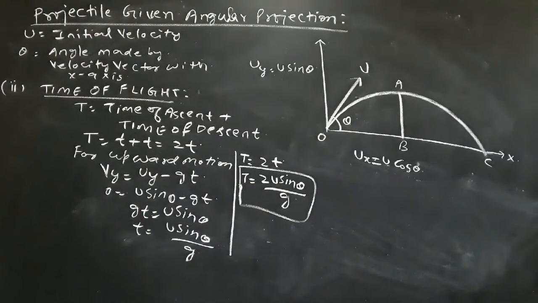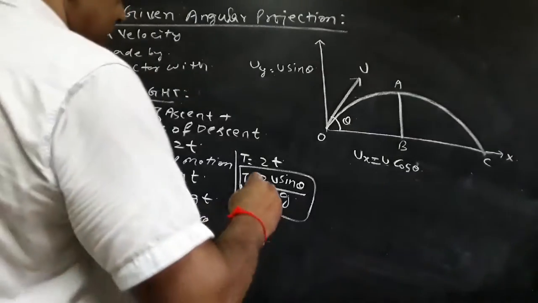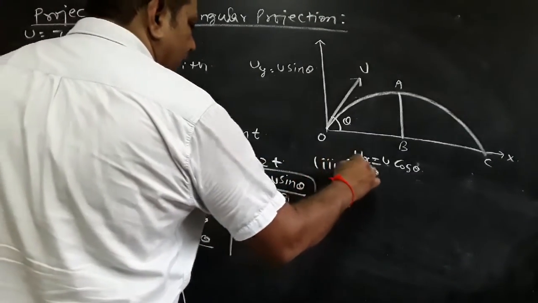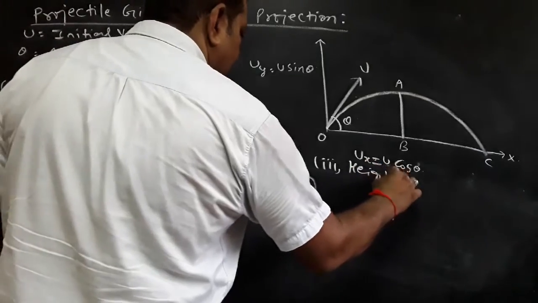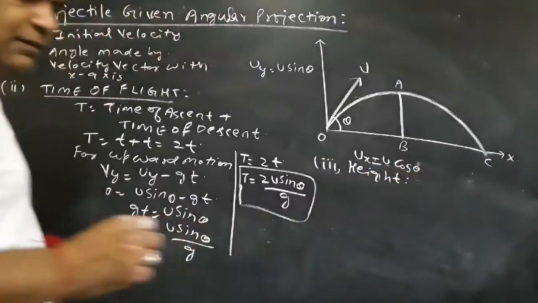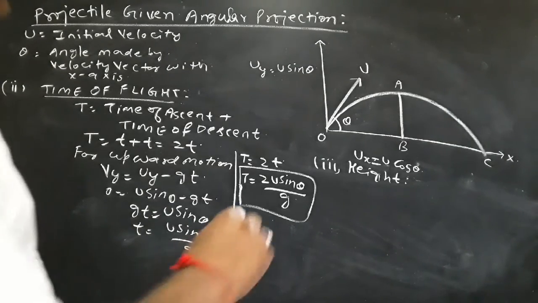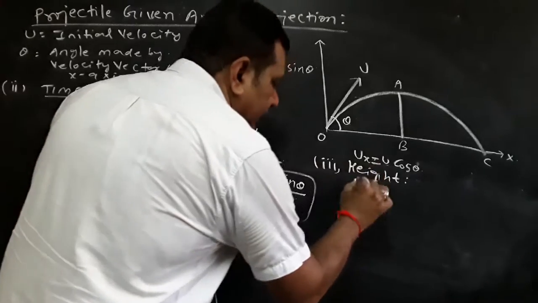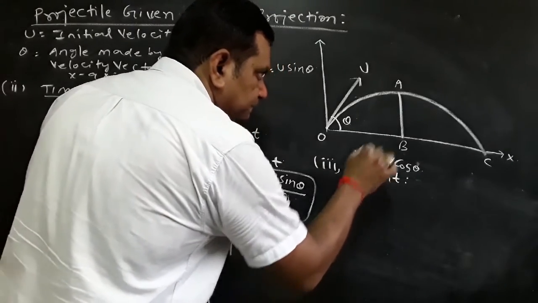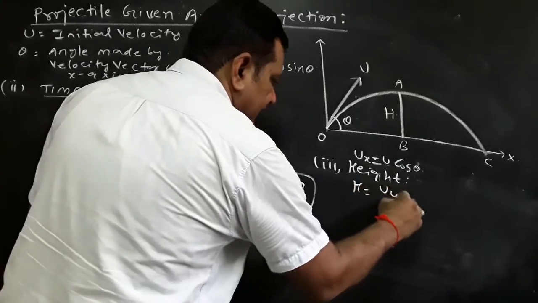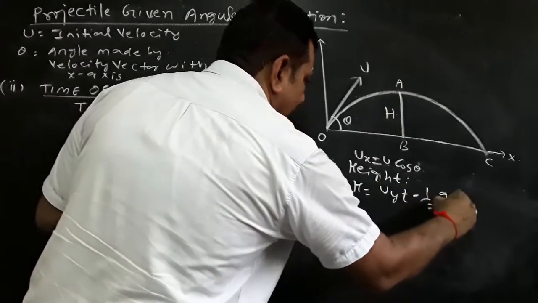Now similarly we can calculate height for the upward motion A to B, this is called height. This is s equal to ut minus half into gt square.